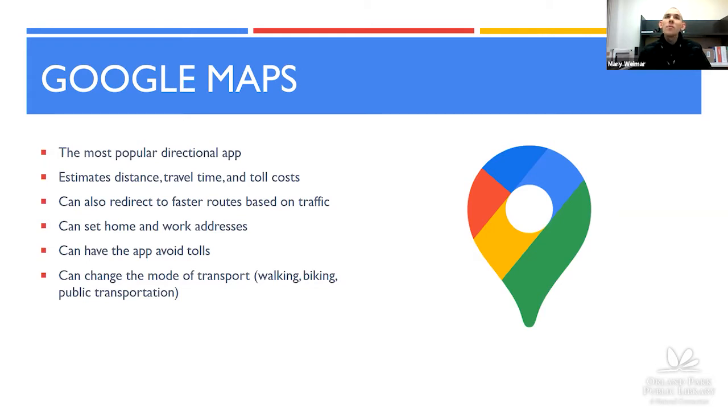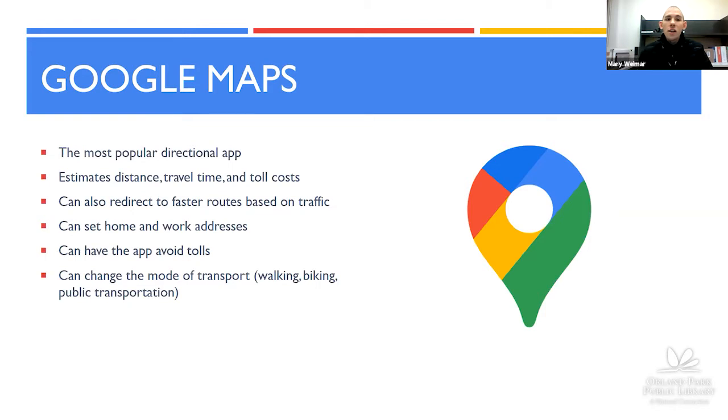And also there's other options on Google Maps, like you can avoid toll roads, which is a longer way depending on how far it is away, but you can use that at your own discretion.